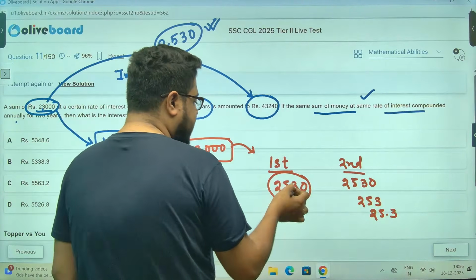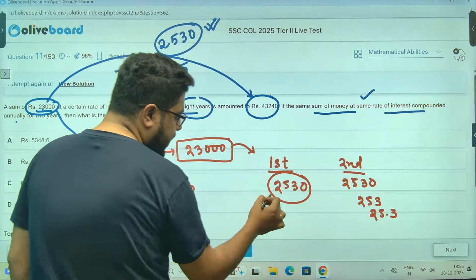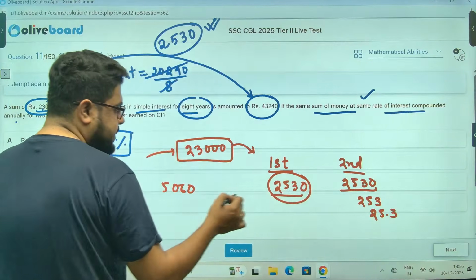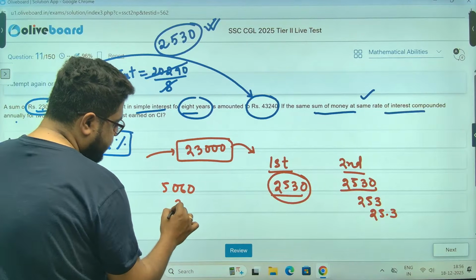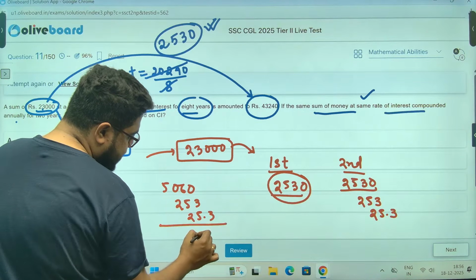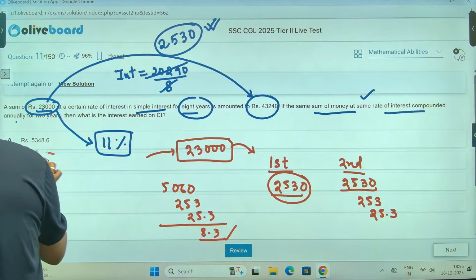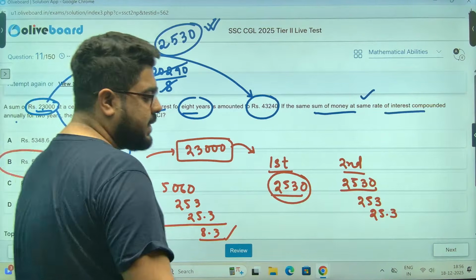So the answer will be 5,060 rupees, meaning 2,530, 2,530, plus 253 plus 25.3. So the last digits are 8.3. Option B has 8.3 at the end.